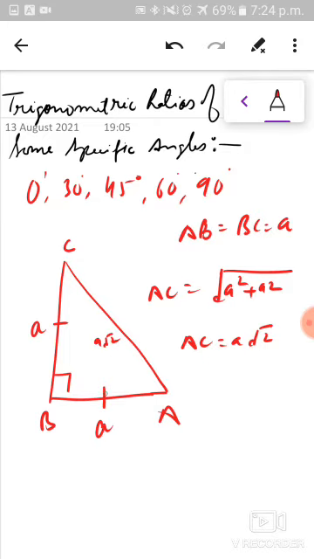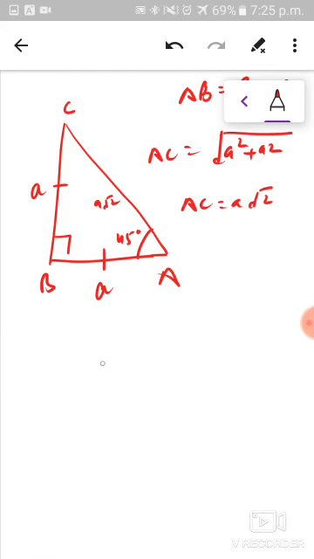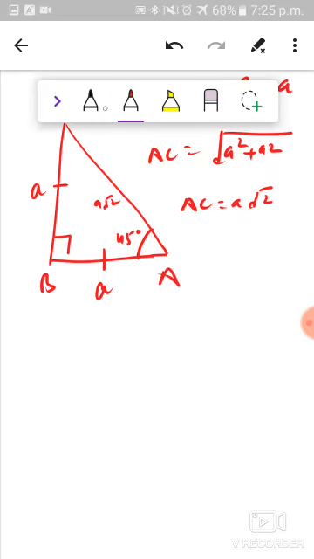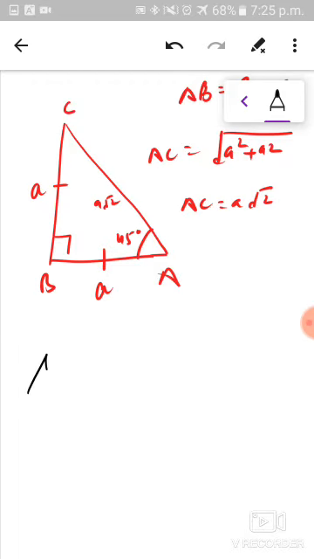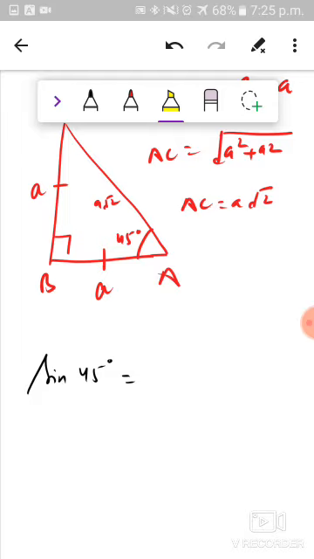Okay. Now as AB and BC are equal, angle A and angle C will also be equal. So by calculating we can find that angle A is 45 degree, right? Now you see, if we want to find the value of sine 45 degree, we know sine is the ratio of perpendicular and hypotenuse. Perpendicular means side opposite to the angle, and here our angle is 45 degree, means angle A we are talking about.